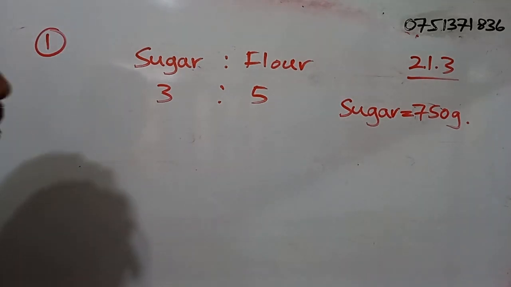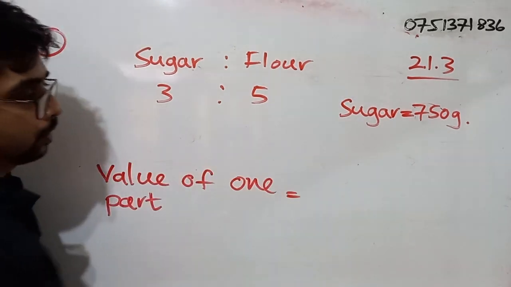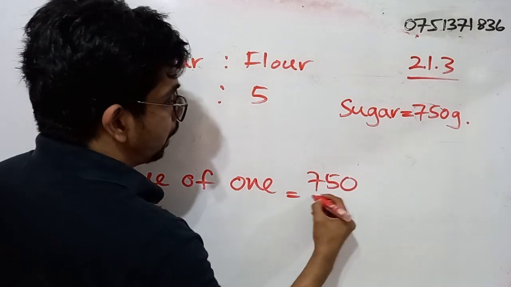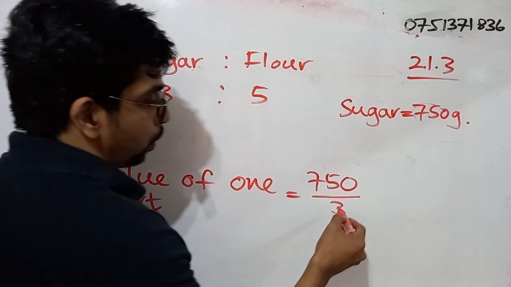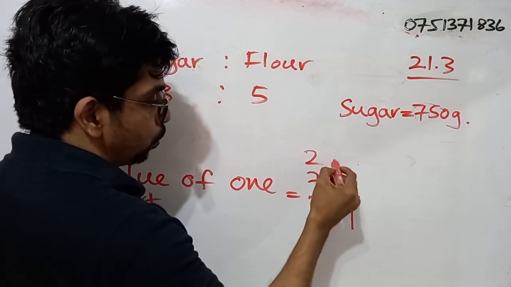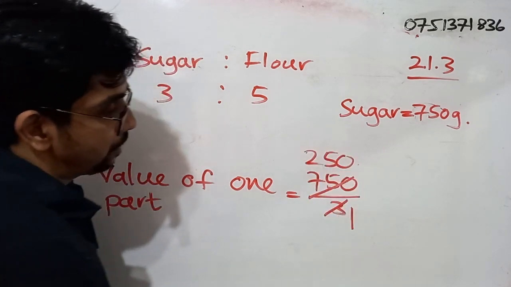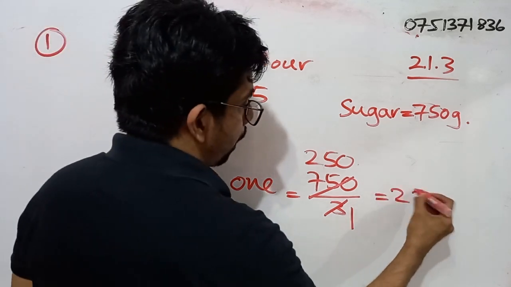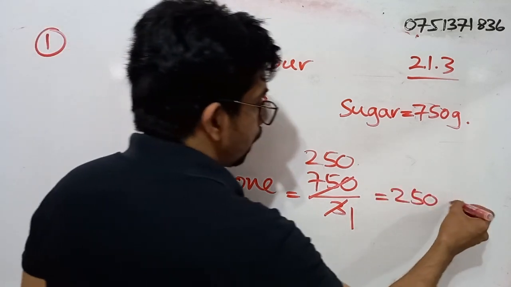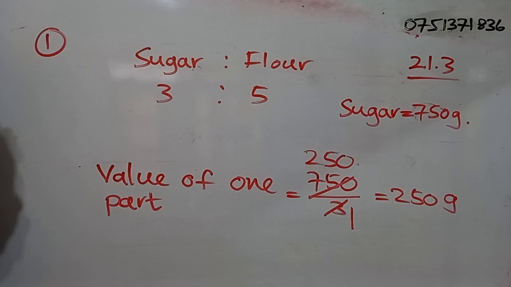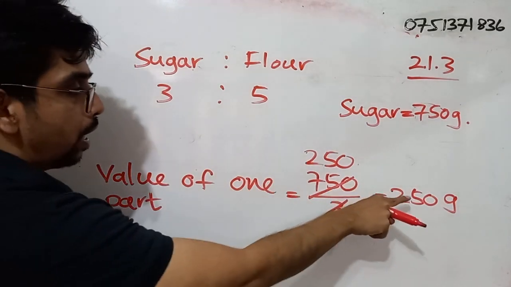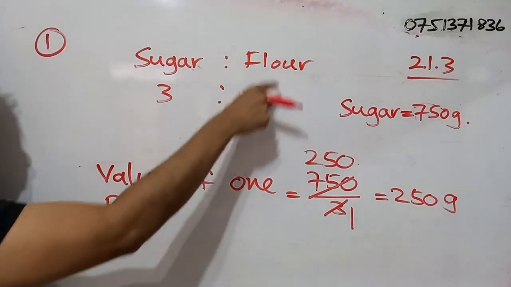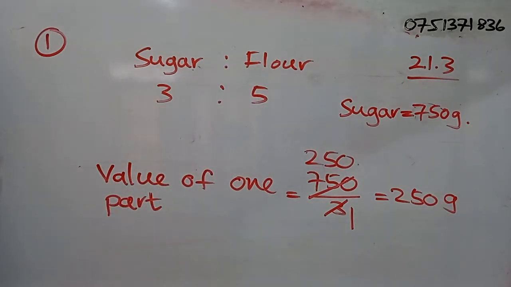What is the value of 1 part? 750, we have to divide it by 3. So the value of 1 part is 250 grams. If 1 part is 250 grams, how much is 5 parts?